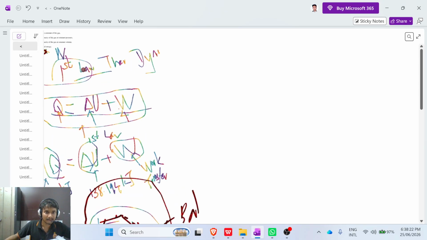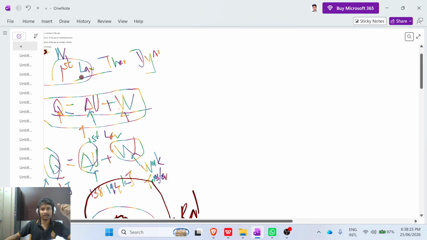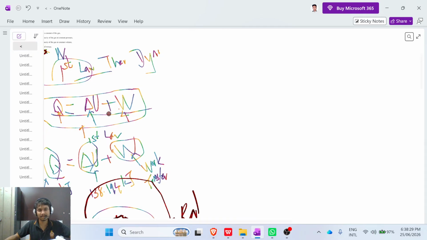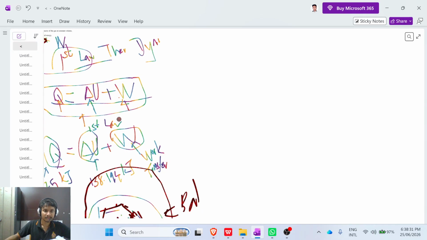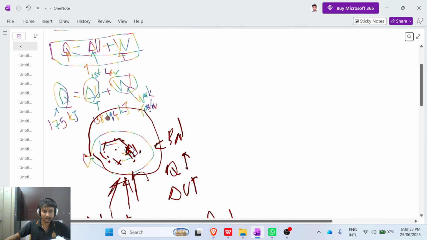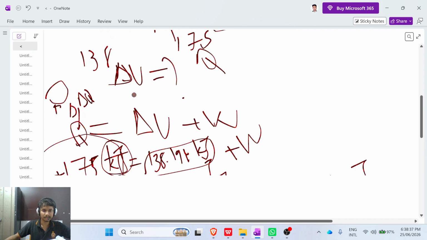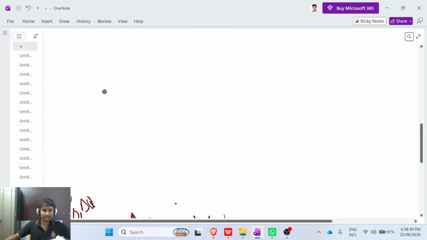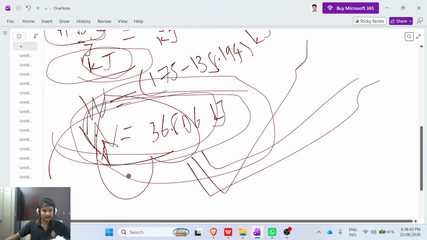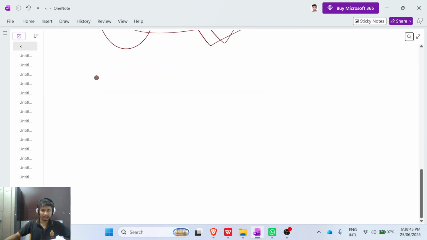We already found the answer according to the first law of thermodynamics, which is Q is equal to delta U plus delta W. Use this equation for your exams, final exam, or any exam. You can find the answer or verify whether it is correct or not in the following method.